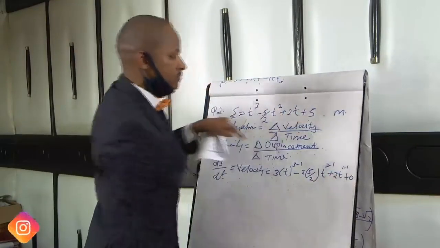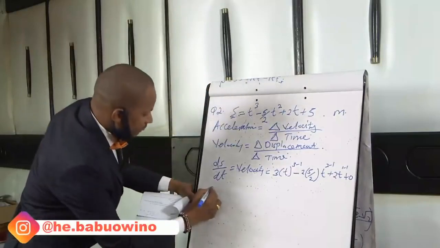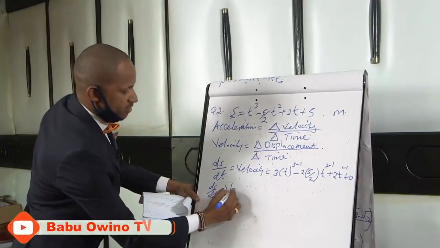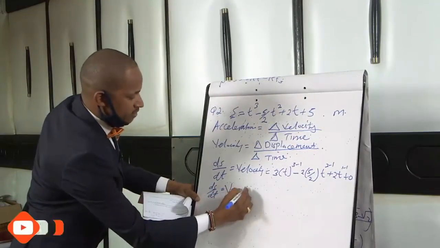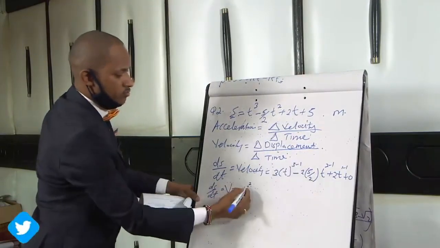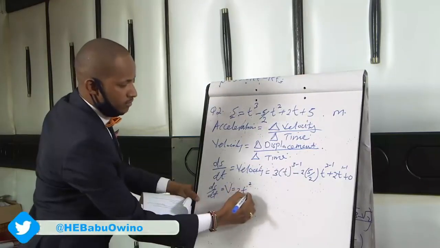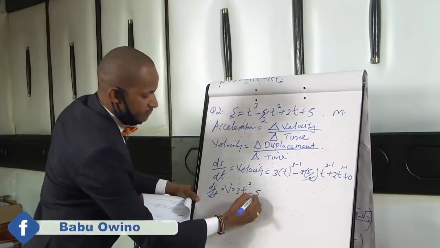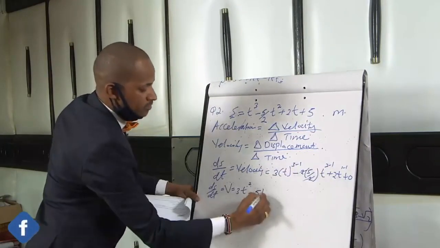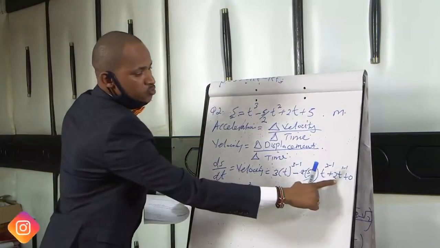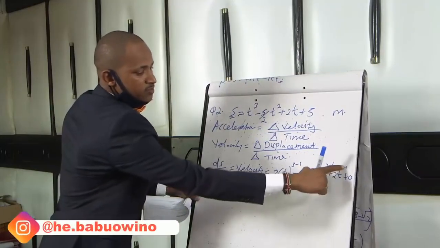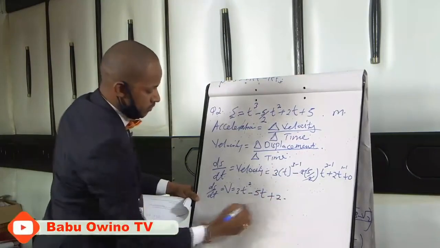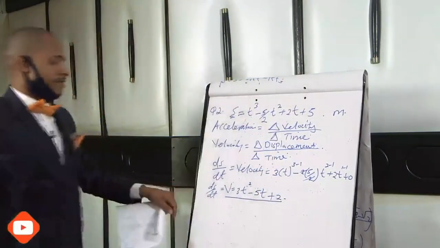Therefore, ds/dt, which is our velocity, equals 3t squared, since 3 minus 1 is 2. Minus 2 cancels with 2, you get 5, t to the power 1 which is 5t, plus 2t to the power 0. t to the power 0 is 1, therefore 1 times 2 is 2. So this is our velocity.